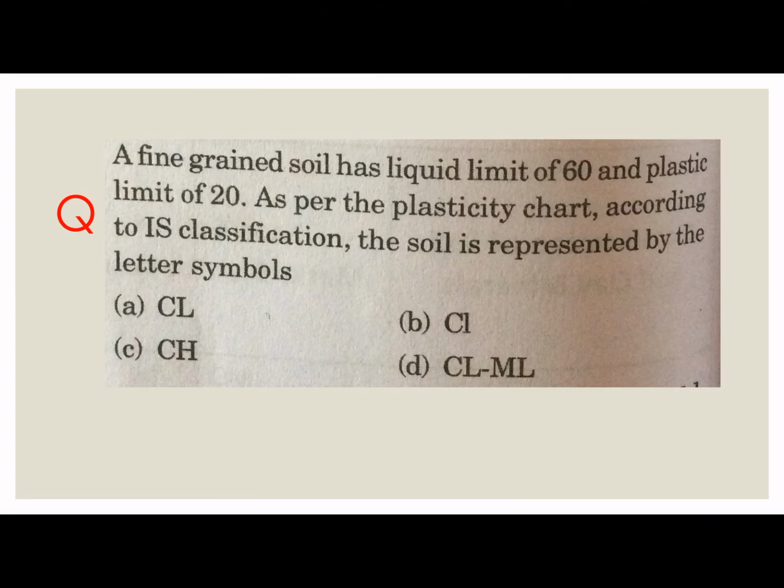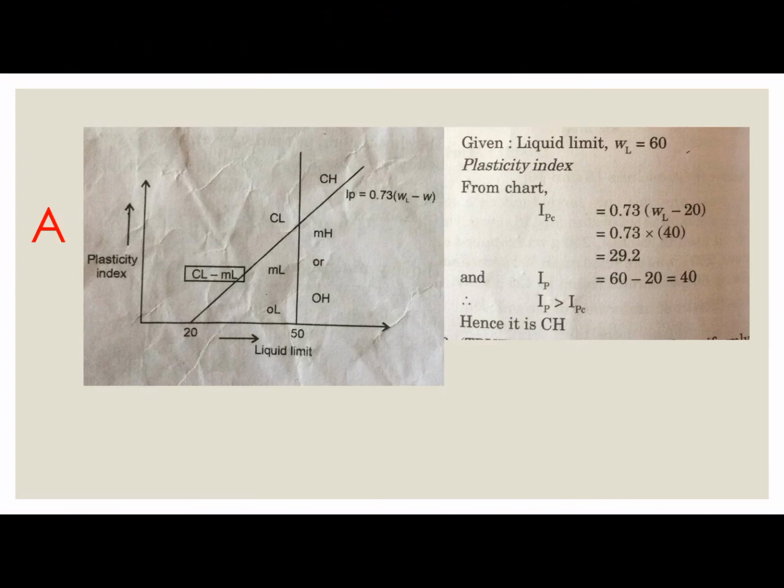So we have to find out from the plasticity chart what is the representation of the given soil. So we have the plasticity chart here with the plasticity index on the y-axis and liquid limit on the x-axis. So this graph you should be thorough in the mind. So given liquid limit WL is equal to 60. So plasticity index first we have to find out from the chart.